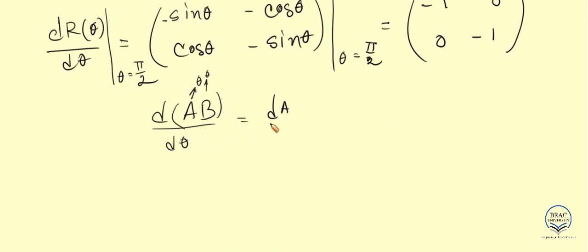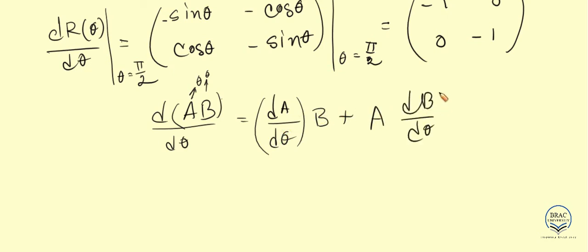So this will be just dA by d theta times B. Let me just put them in parentheses so that you can easily distinguish that the order over here is very important, because dA by d theta will also be a matrix, and B itself is a matrix, and in general matrix multiplication, they don't commute. That is, AB is not equal to BA. Alright, and here you will have A and dB by d theta. So this product rule will also apply.